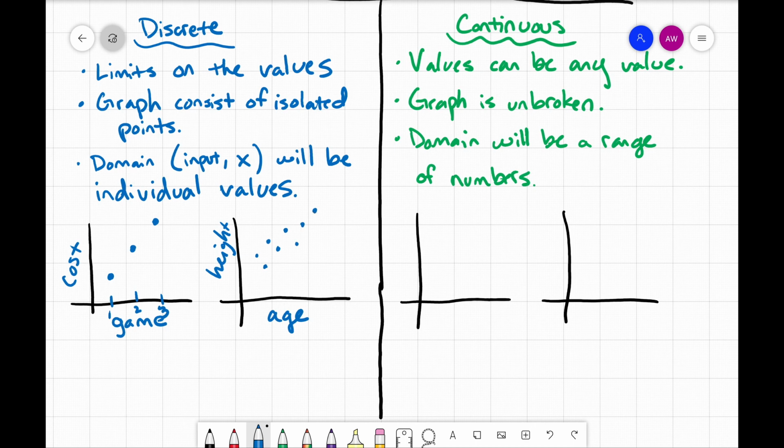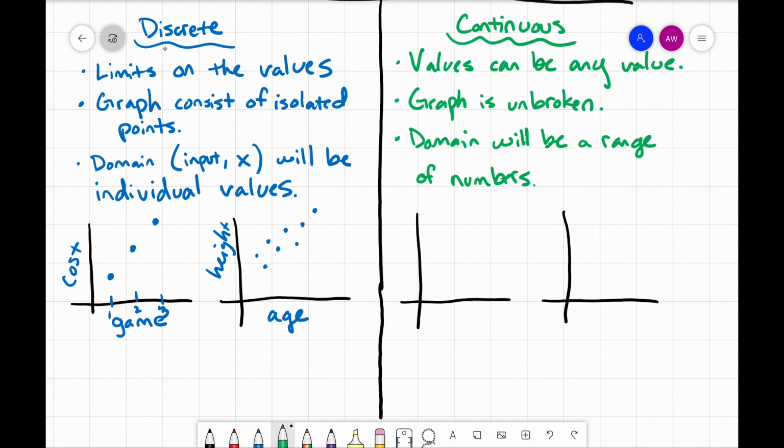But these graphs are discrete. We are limited on what values can show up. Like in the case of the game, you can't have part of a game. And so the domain, which is the input or the x values, they're individual, and we have the constraint of having to have whole numbers.